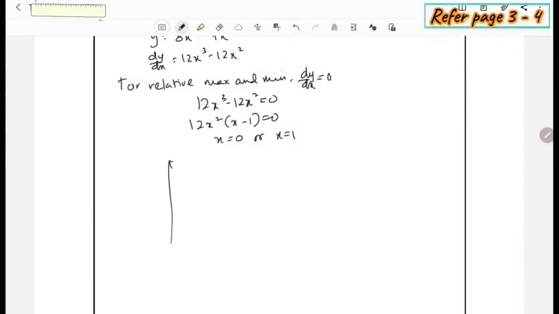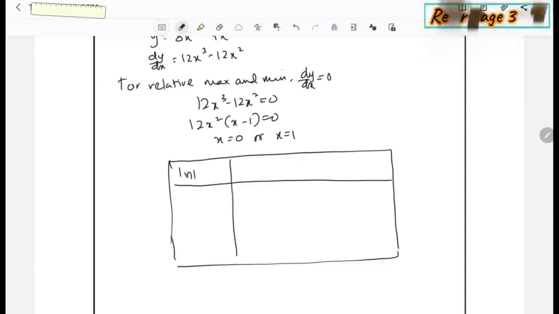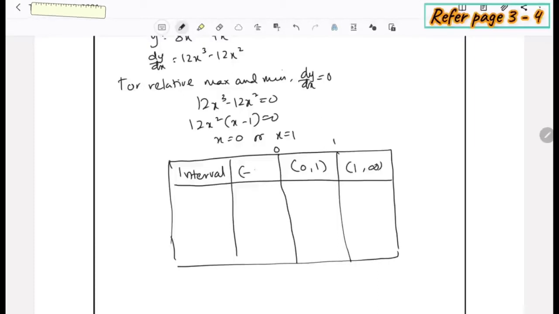So next, draw a table. So this is the interval. So you have 0, you have 1. So this is between 0 and 1, this is 1 to infinity, negative infinity to 0. Okay, second row, we have x.